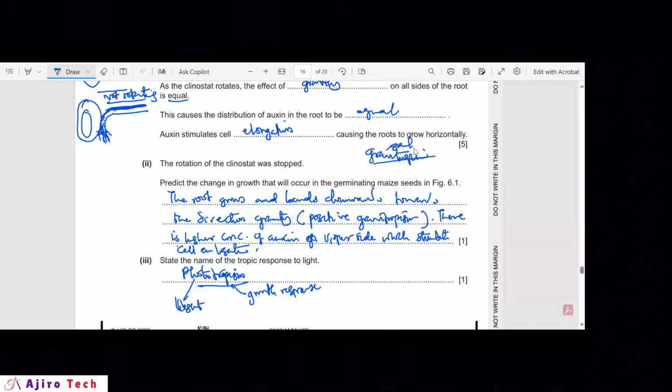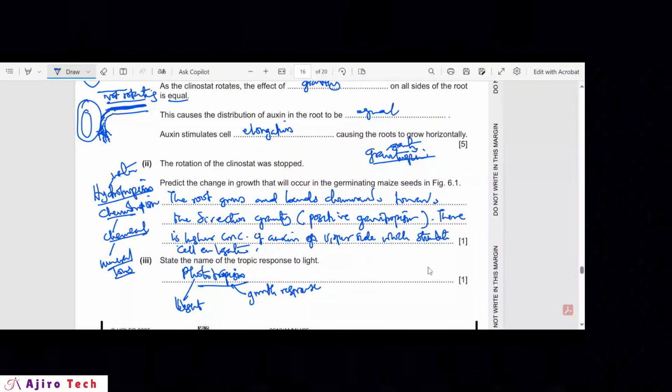For water, hydrotropism. That's for water. Chemotropism, for chemicals, mineral ions.